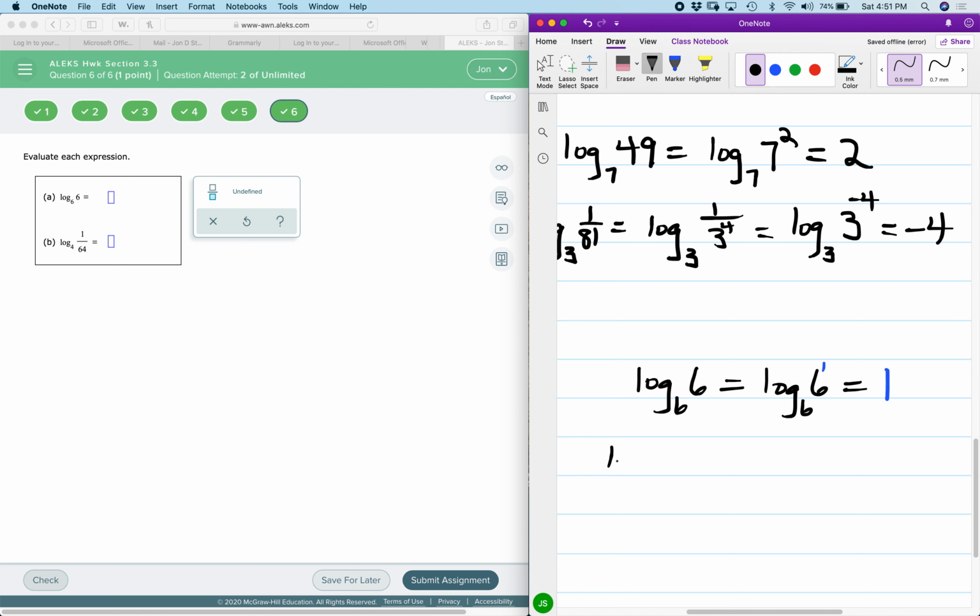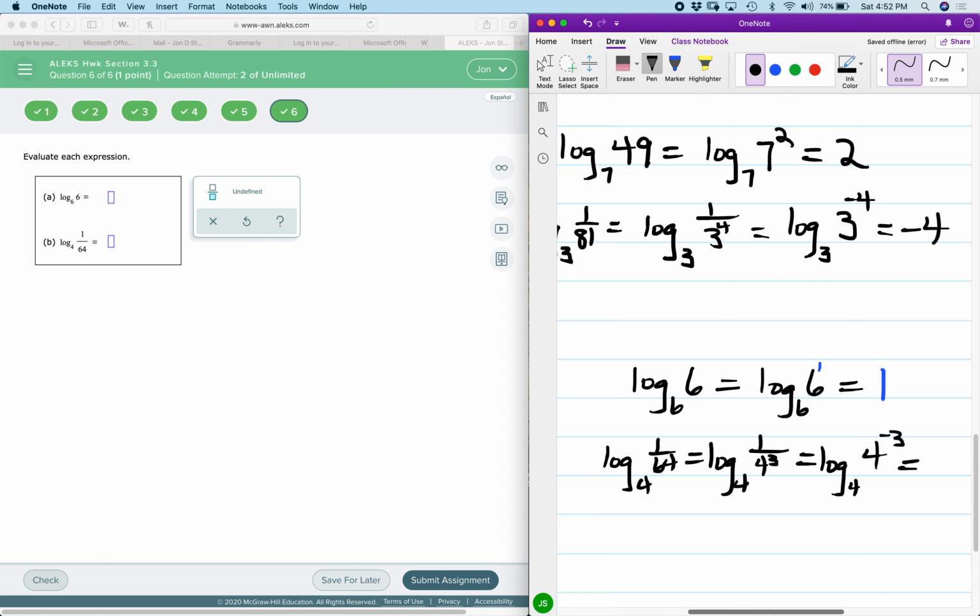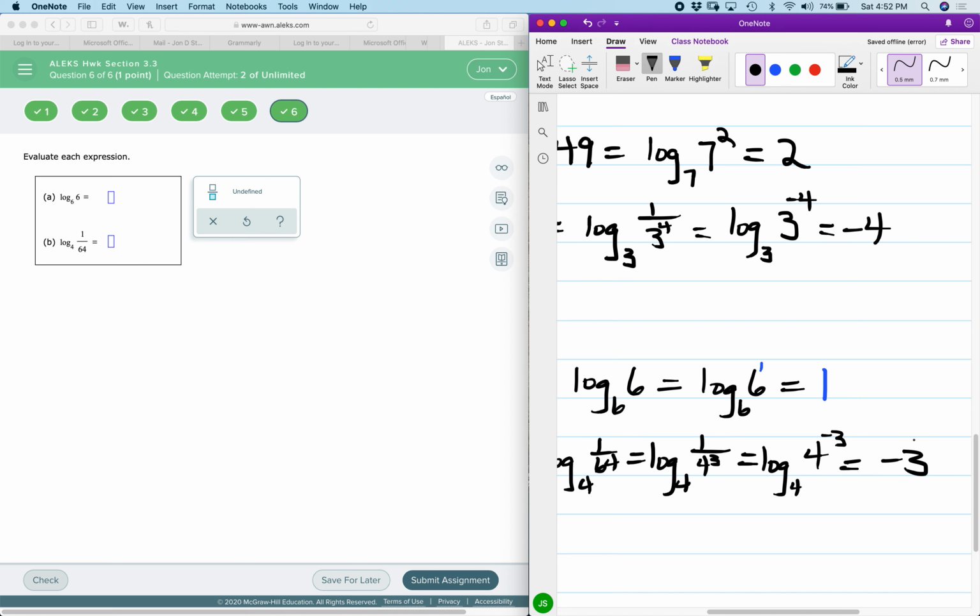For part B, we have the base 4 logarithm of 1/64th, which is the base 4 logarithm of the reciprocal of 4 to the 3rd. Written in direct terms for the exponential base, this becomes 4 to the negative 3. So the base 4 logarithm of 1/64th goes to negative 3.